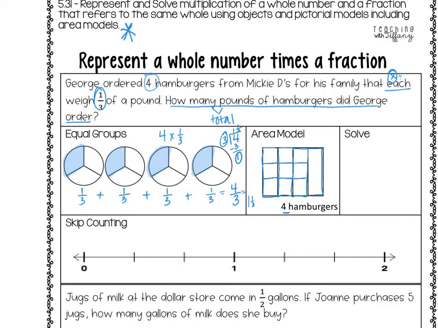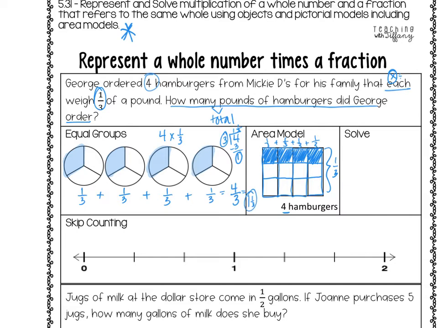This hamburger needs to be in thirds. And this hamburger needs to be in thirds. But we only want 1/3 of each of those. So we have 4 times 1/3. That we know that 1/3 plus 1/3 plus 1/3 plus 1/3 equals our 1 and 1/3.